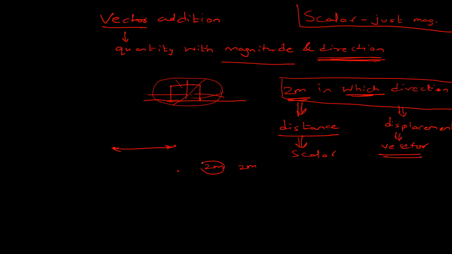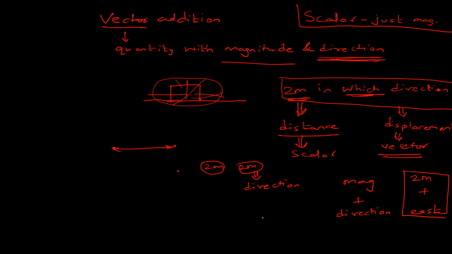But distance is going to be just the magnitude, and displacement is going to be that magnitude applied in a certain direction. So magnitude plus direction. Let's say I ask you to move the box by 2 meters in the direction of the east. So 2 meters plus east is a vector.